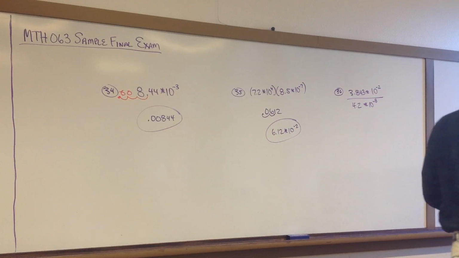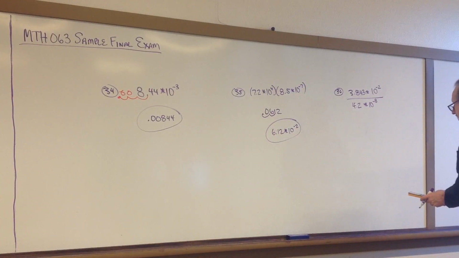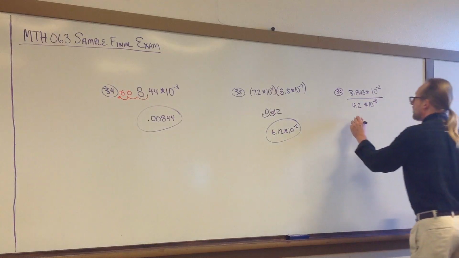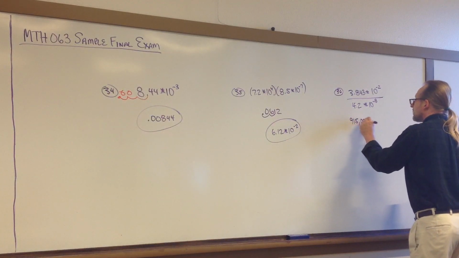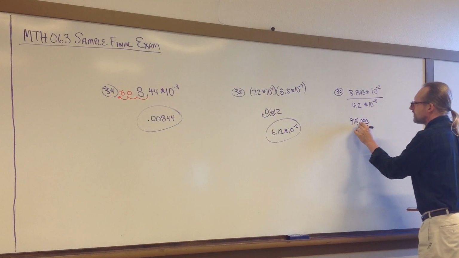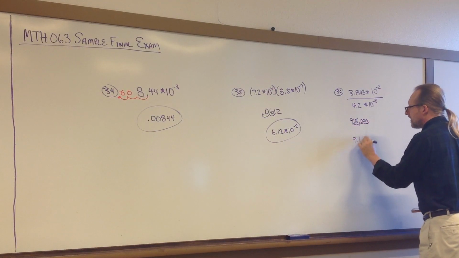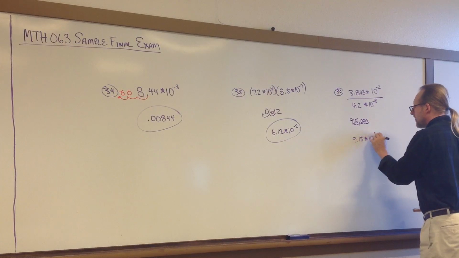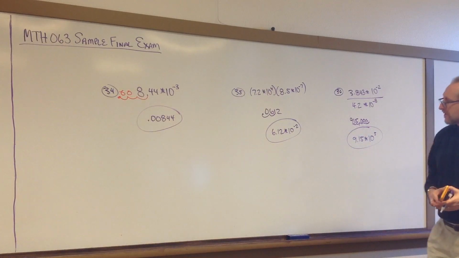All right, let's see here. 3.843, 10 to the negative 2, and then we want to divide by 4.2 times 10 to the negative 8, and that comes up on my calculator 915,000. So 1, 2, 3, 4, 5, 9.15 times 10 to the 5th power.